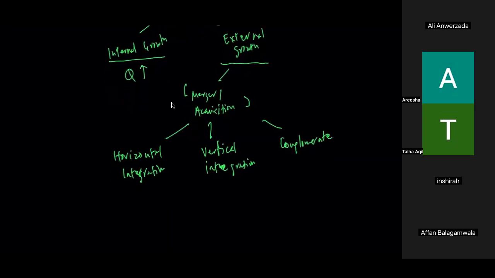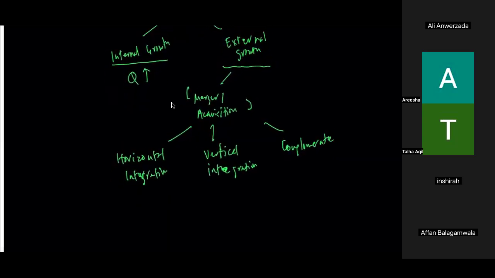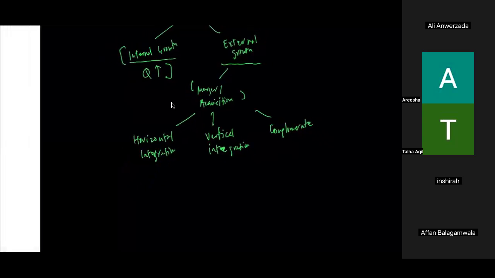Okay. What about increasing market share? If you grow yourself, this is increasing market share through internal growth, and if you grow externally, like you said, horizontal. What is horizontal? Horizontal means firms at the same stage of production come together.